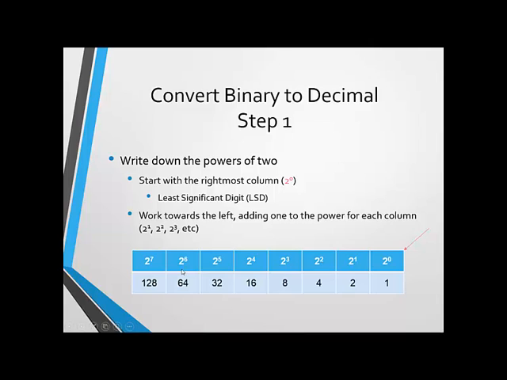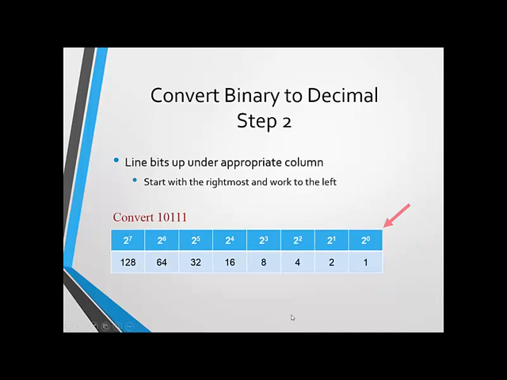Usually when working with computer systems, we only convert 8 bits at a time, so 2 to the 7th power is a high enough number for us to go with our powers of 2. So just keep working your way over to the left, doubling that number as you write down the powers of 2. This gives us our columnar values that we're going to work with as we convert back and forth. So we have our binary value and our decimal equivalent.